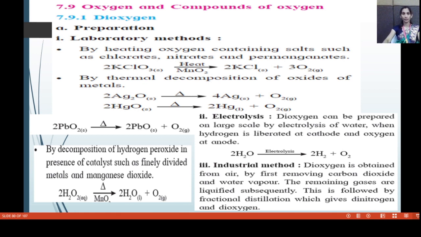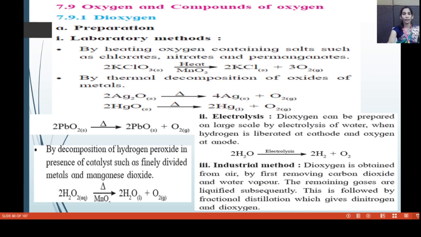After the oxyacids, now the oxygen. There are different compounds of oxygen given below. Dioxygen, that means O2. How do we get dioxygen? There are different methods of preparation.